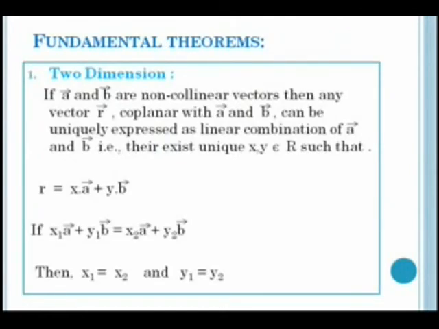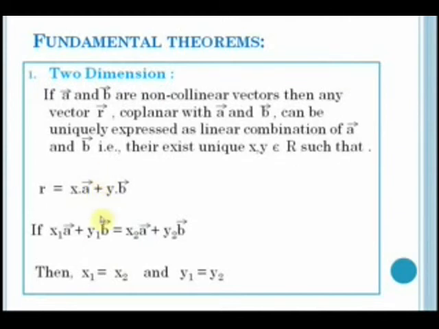Now let's try to understand the fundamental theorems. The first is for the two-dimensional case. Let's consider the two-dimensional analysis, and if A and B are two non-collinear vectors, then any vector R coplanar with A and B can be uniquely expressed as a linear combination of vector A and vector B. That is, there exist unique x, y such that R is equal to x times A plus y times B. This is any vector R expressed as a linear combination of the vectors A and B, given that we are considering two-dimensional analysis and A and B are two non-collinear vectors.